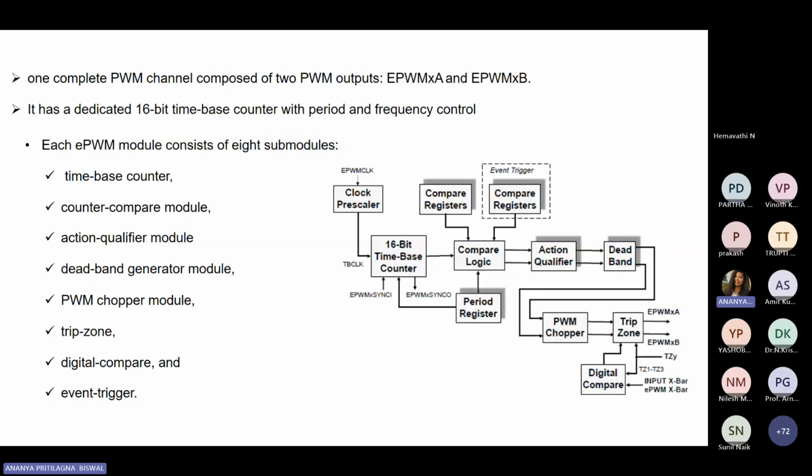Each EPWM module consists of 8 submodules: time-based counter, counter compare module, action qualifier module, deadband generator module, PWM chopper module, trip zone, digital compare, and event trigger.